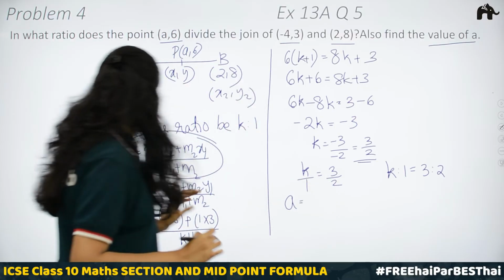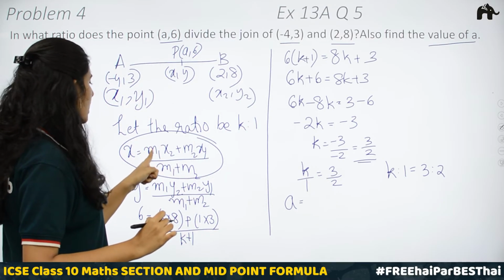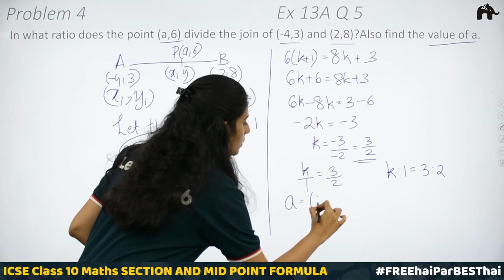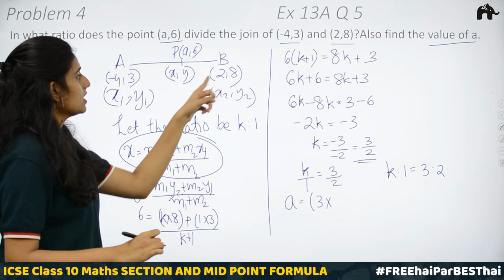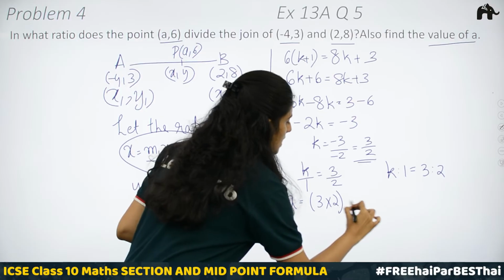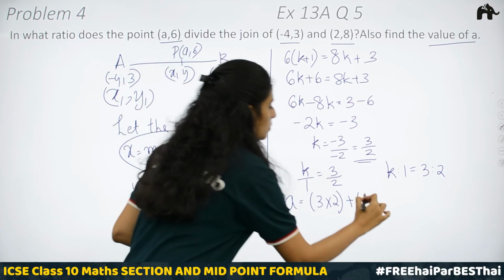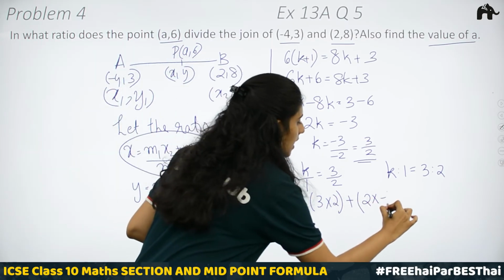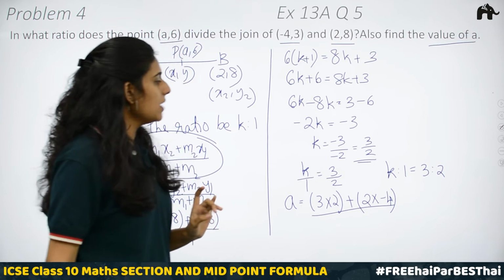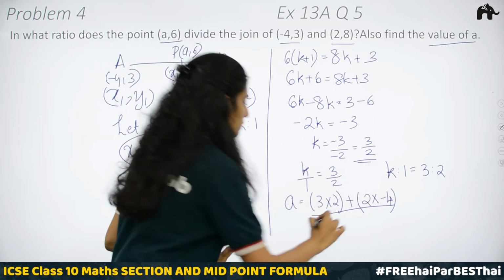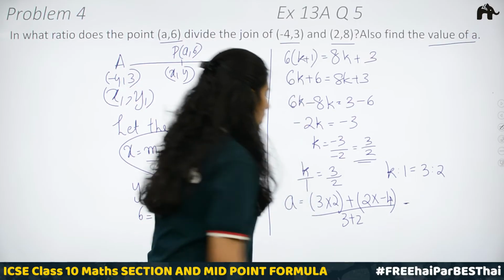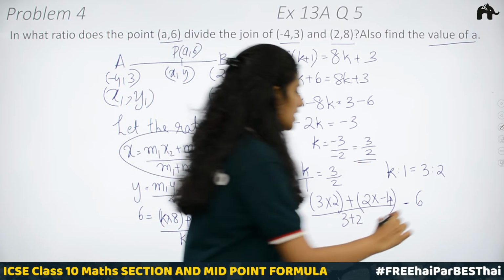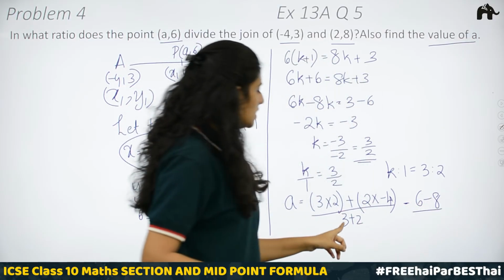a is equal to (m1 x2 plus m2 x1) divided by (m1 plus m2). Here m1 is 3 and m2 is 2. 3 into x2, x2 is equal to 2, plus m2 x1, m2 is 2 and x1 is minus 4, divided by m1 plus m2, that is 3 plus 2, which is equal to 3 into 2 is 6, 2 into minus 4 is minus 8, divided by 3 plus 2, which is 5.